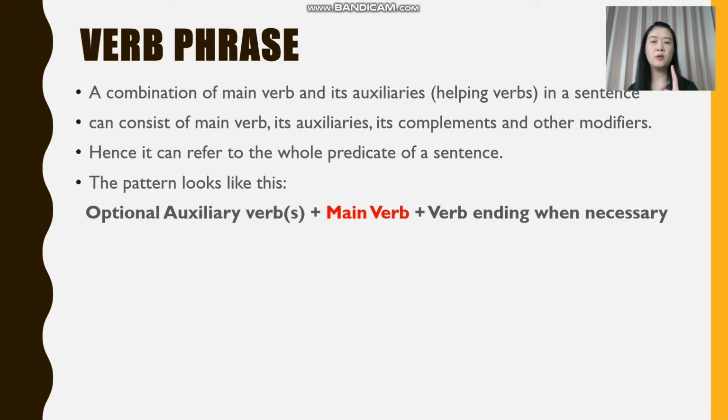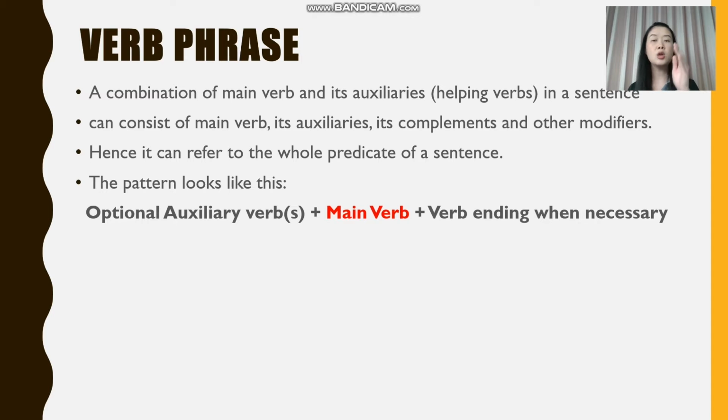If you are looking for the verb phrase in a sentence, my recommendation is to find the main verb first. Circle the main verb and then look before it to see whether there are any auxiliary verbs.